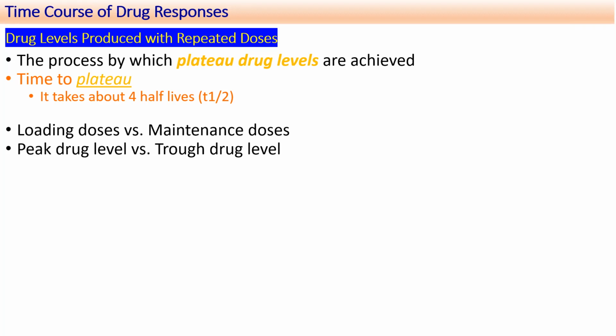Digoxin, for example, may result in overdose because it has a narrow therapeutic range. So again, it takes about 4 half-lives to reach the plateau, and 94% of the drug will decrease over 4 half-lives in the decline from the plateau.